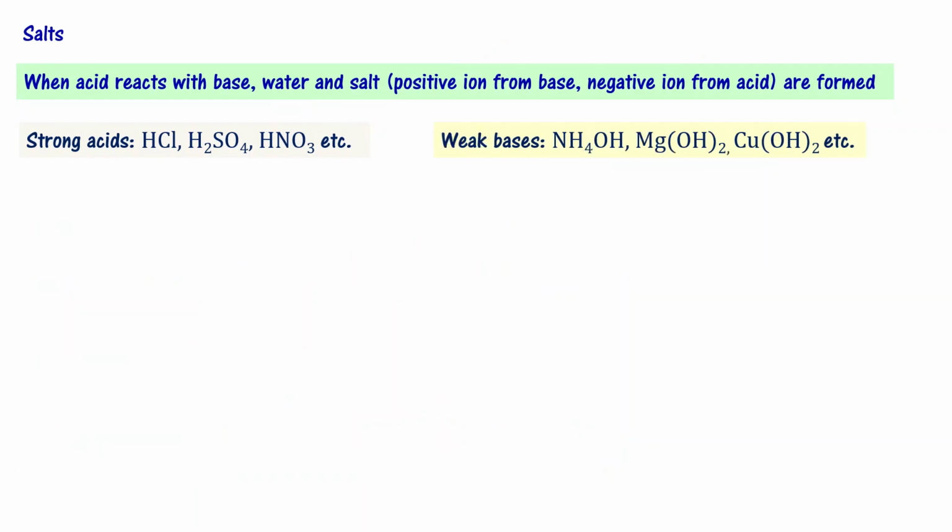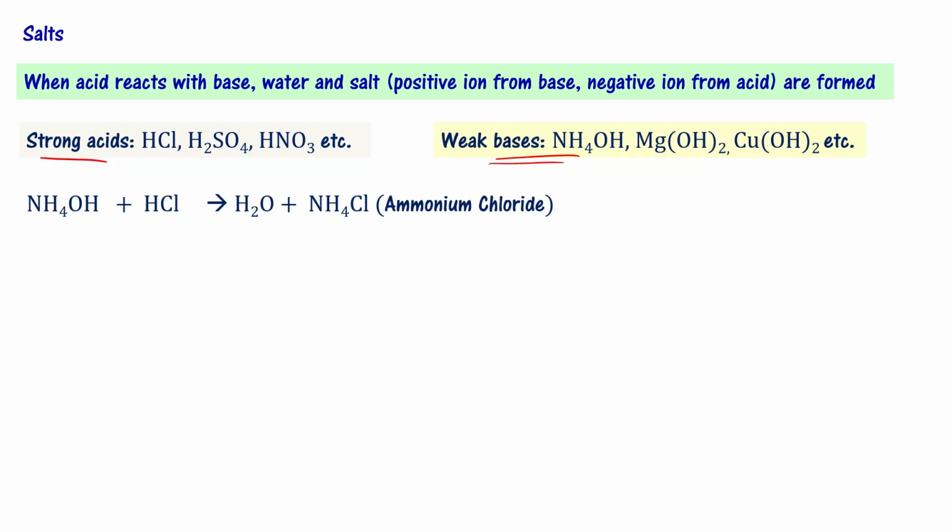You have strong acids. When they react with weak bases, you are going to get a different kind of salts, right? Let's look at some of them. NH4OH, this is ammonium hydroxide. When it reacts with HCl, you get ammonium chloride as the salt.